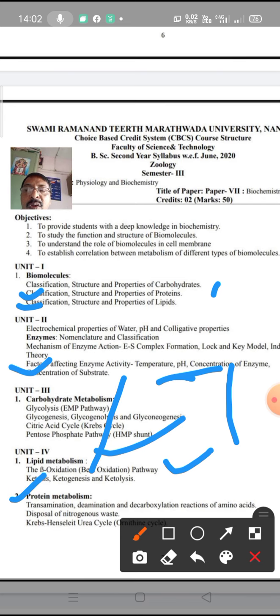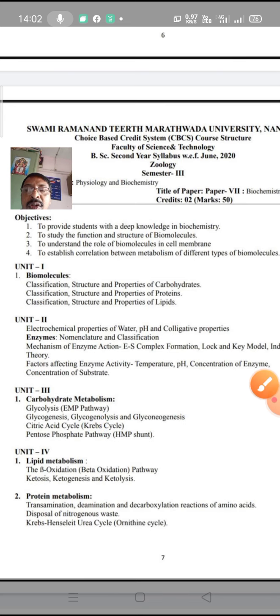And in the last part of unit 4, that is protein metabolism, we have to study the transamination process, that is the transfer of the amino group from one place to another place, deamination, removal of the amino group, and decarboxylation reactions of amino acids, and then disposal of nitrogenous waste: urea, ammonia and uric acid.